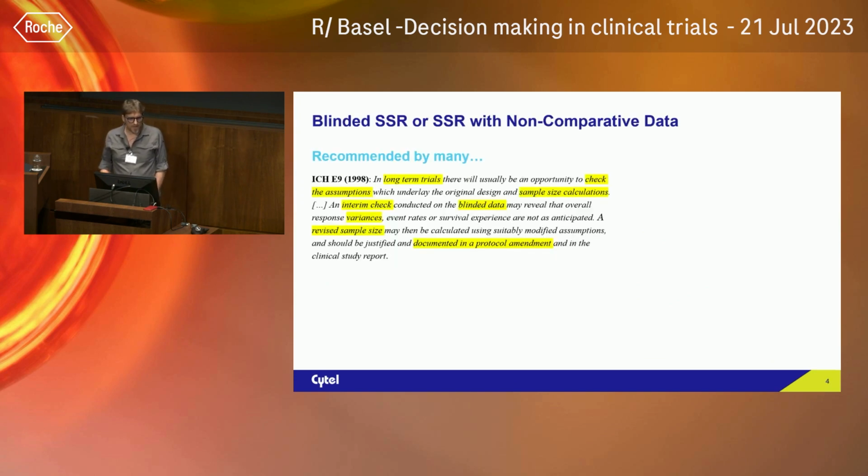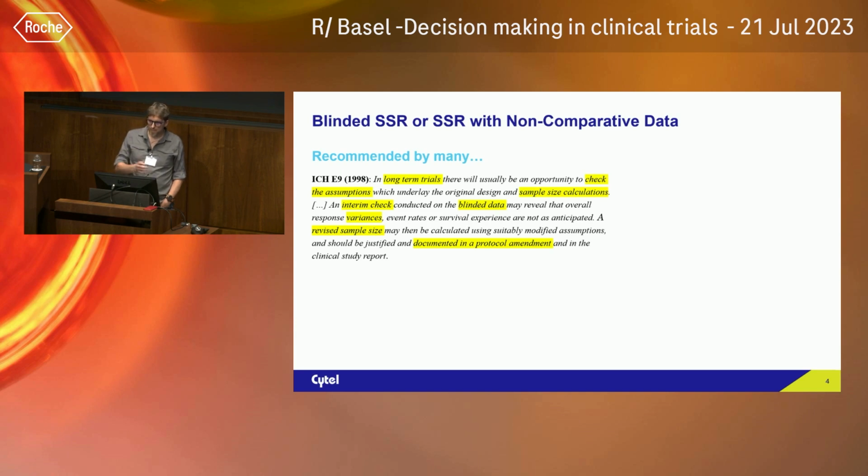Maybe a quick introduction or reminder: what is blinded sample size re-estimation? It's been around for a long time, and is mentioned, as seen here, in the ICH E9 guideline from '98. So when you have a longer running trial, you usually have the possibility to check your initial assumptions that were used for the sample size calculation at an interim analysis based on blinded data.